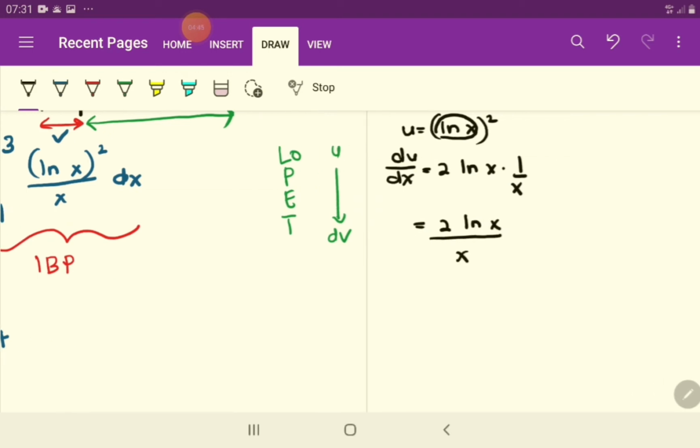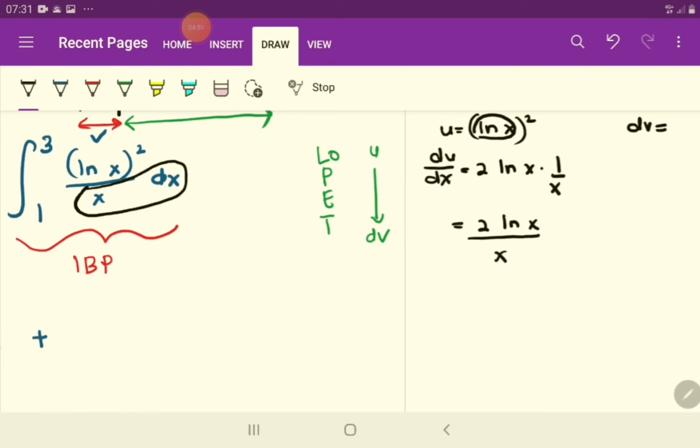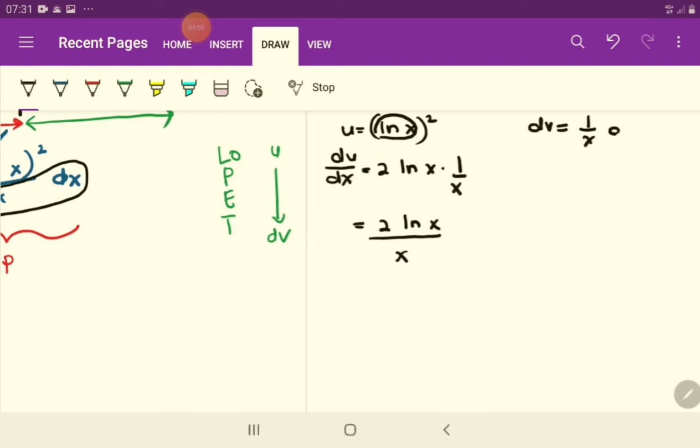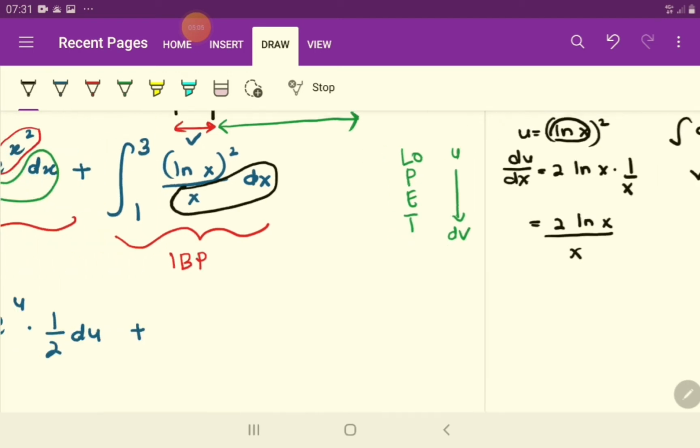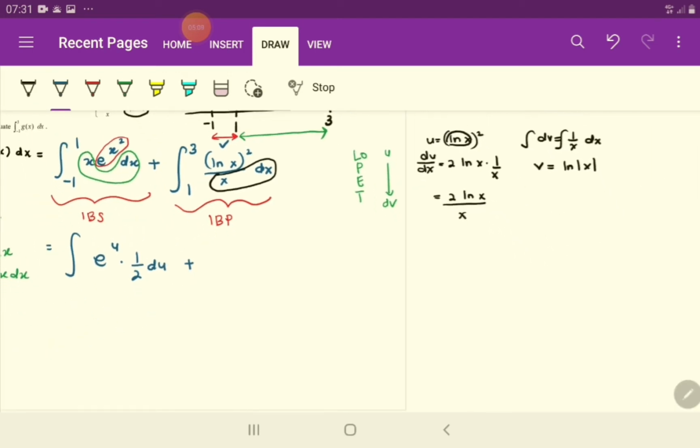And then dv is equal to 1 over x dx. Integrating both sides, v is ln x. So we can substitute into the formula of integration by parts for the second part. I have uv, which is ln x squared multiplied by ln x, with limits from 1 to 3, minus the integral of v du, which is ln x.